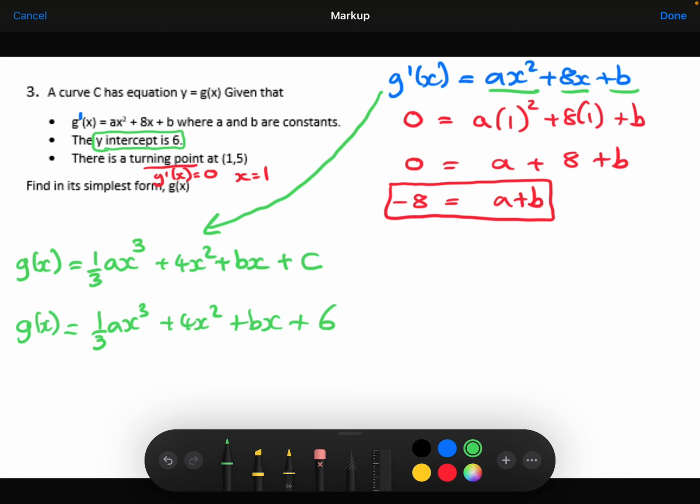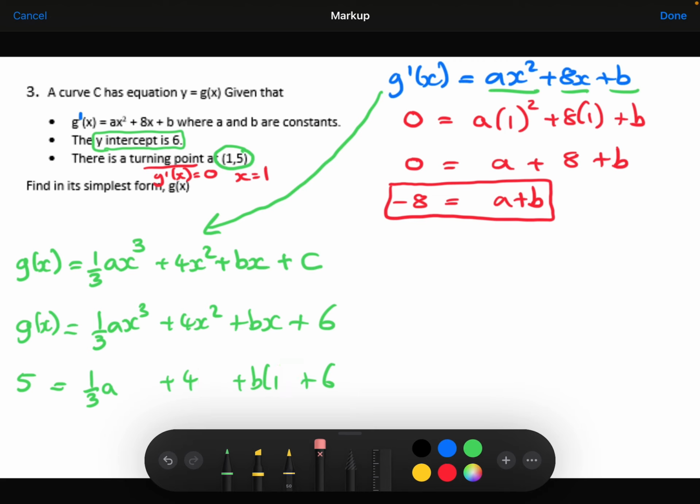And the other piece of information I've been given in this question is that the turning point is at 1, 5. That's telling me that the y-coordinate is 5 when the x-coordinate is 1. One cubed is just 1. 1 squared is just 1.